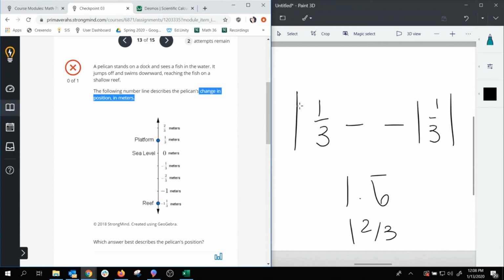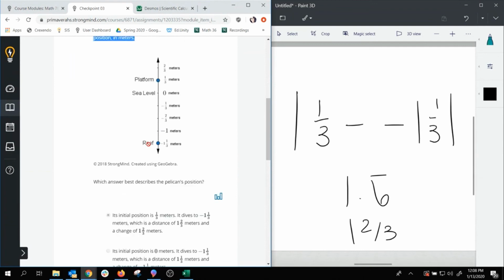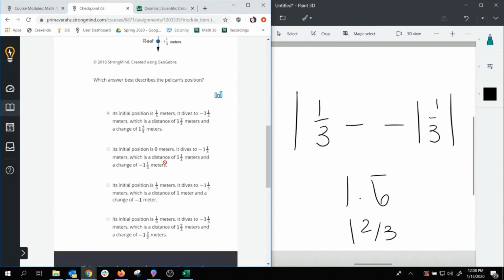So we don't need the absolute value signs here because we're figuring out his change, not his distance. So we should have this one, this negative 1 2/3. That's why. So the distance is 1 2/3, and the change is negative 1 2/3. Because the question is asking us, well, how much did he change in meters, not what's the distance. That's why.